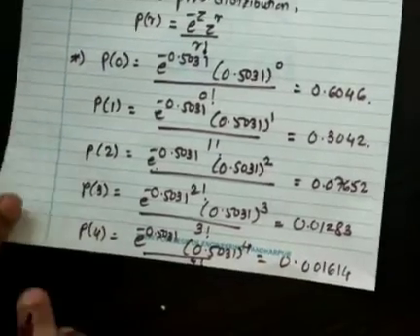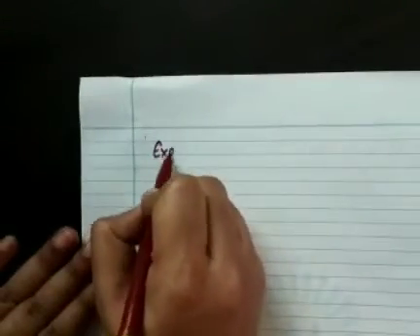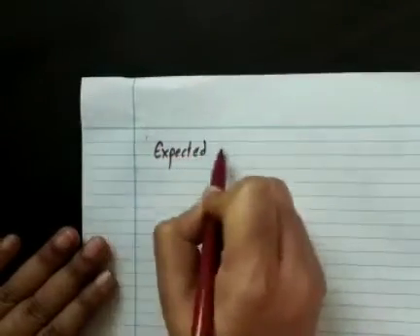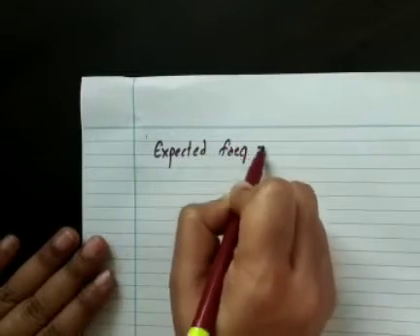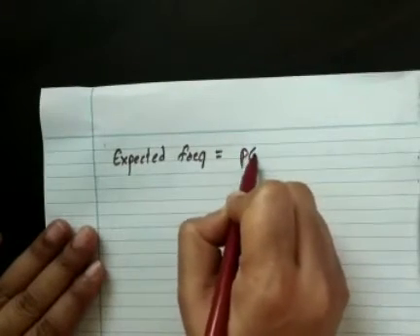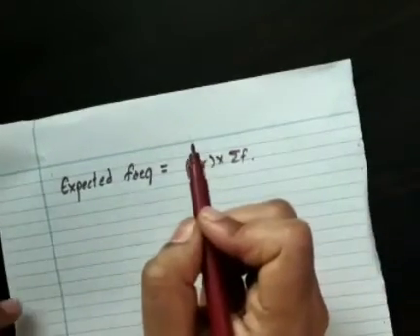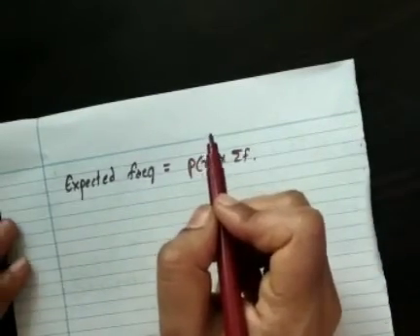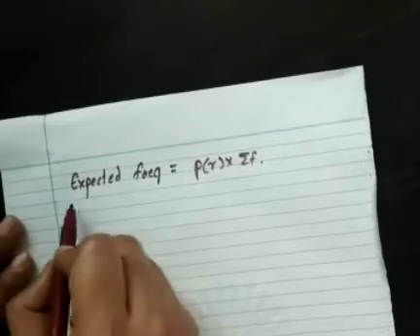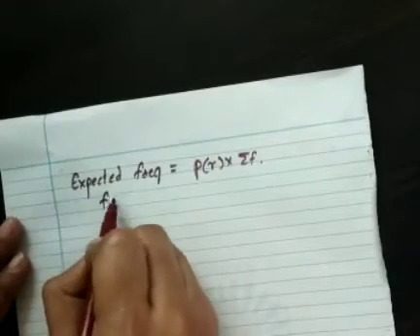Okay, we have all the probabilities now. Then we need to find out frequencies. So expected frequency is equal to required probability into summation f. Firstly, we'll find expected frequency at R is 0.